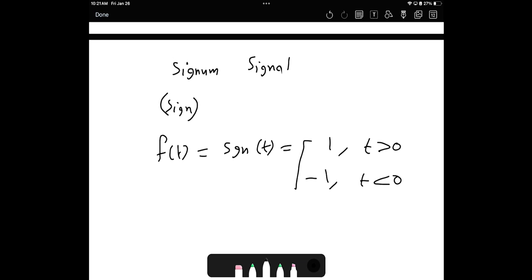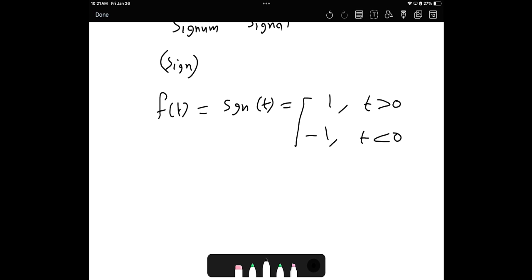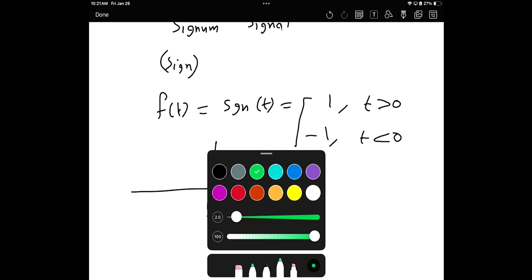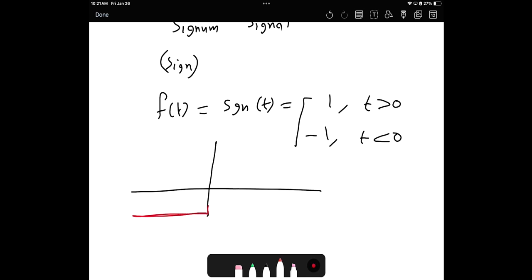It's very similar to the unit step, but the unit step goes from 0 to 1, while here it will jump from negative 1 to 1. So the plotting of it will be like this. Here's 1, here's negative 1. And that's sgn of t.